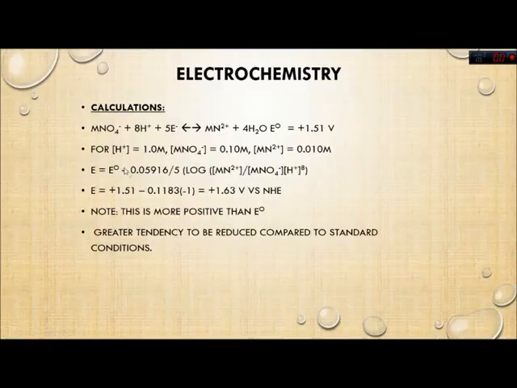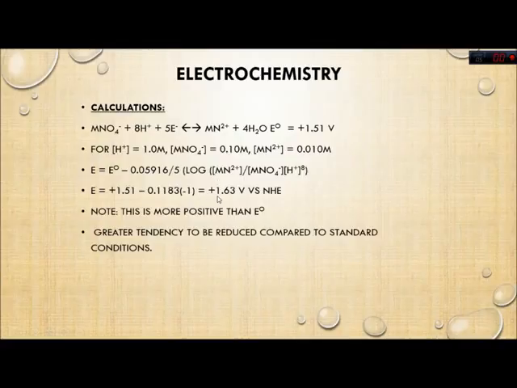Standard EMF minus 0.05916 by 5, where the net change of electrons is 5, n into F as I said before, log of the reduction part to the oxidation part. In this case there is only Mn2+, and for water it is 0, and we take it like this.